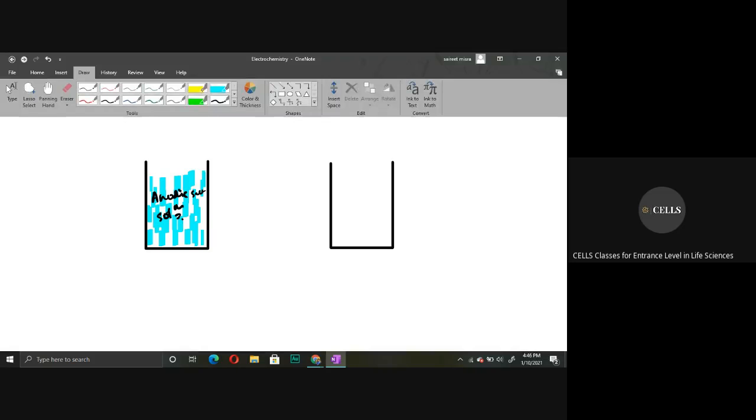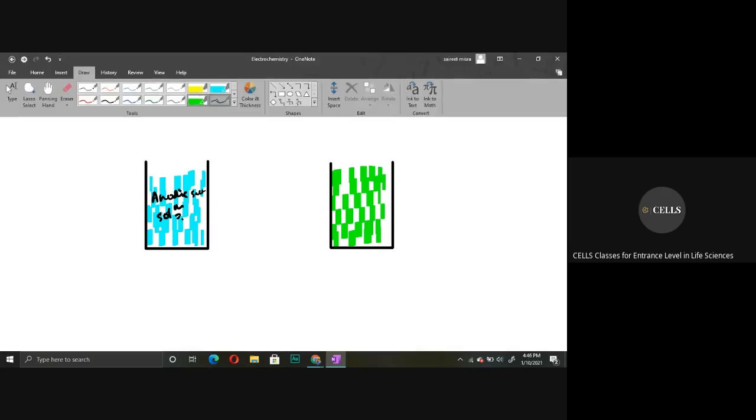On the right hand side, there will be the cathodic salt solution.